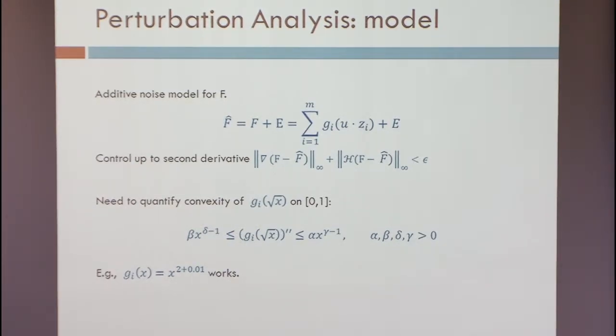But if you want some sort of quantification of it, you have to say more specifically that it's between these two monomials. And it's a little bit tricky because this power can actually, so delta, for example, is bigger than 0. So this could be something like x to the minus 1. To make it simple, let's just say that gi of x, a little bit more than x squared, would satisfy this.